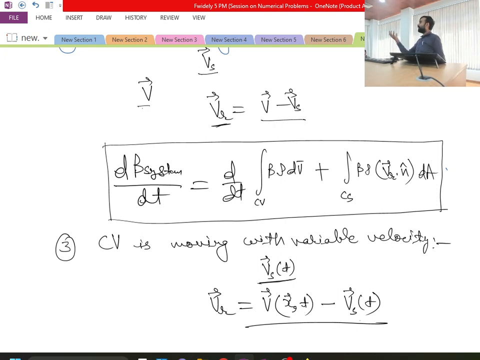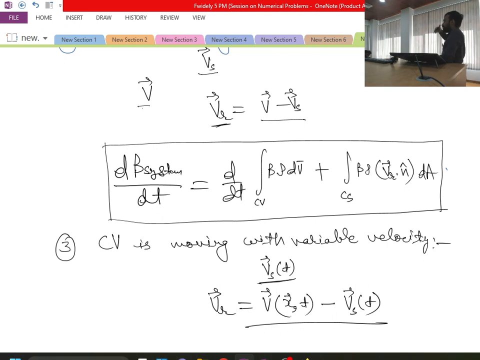See, V is the velocity of the field variable, the velocity of the fluid flow. So the velocity of the fluid flow can be different at different positions. That's why the velocity of fluid flow has functional dependence on both position vector as well as time. But the velocity of the surface, because the surface is a rigid surface, will be only a function of time, and all the positions across the control surface will be moving at the same rate.